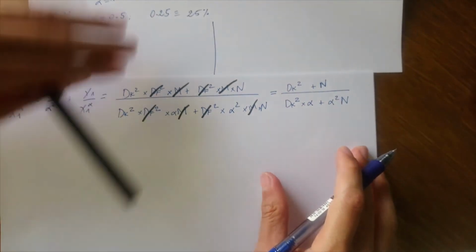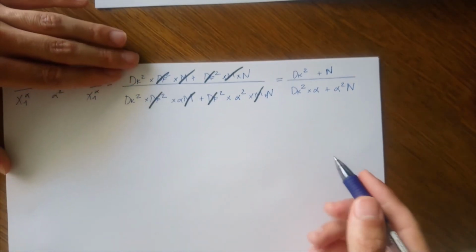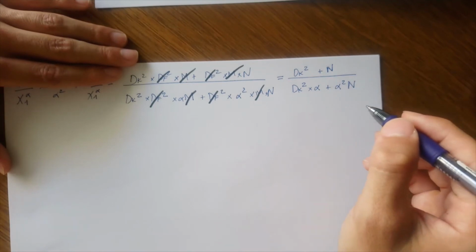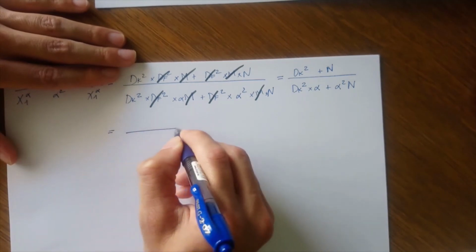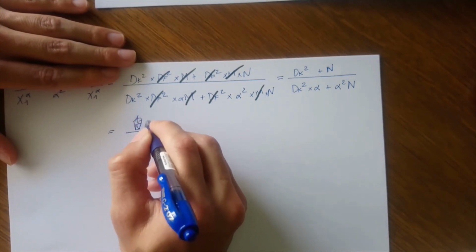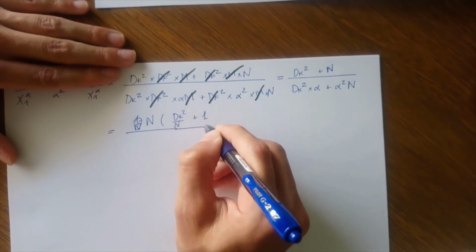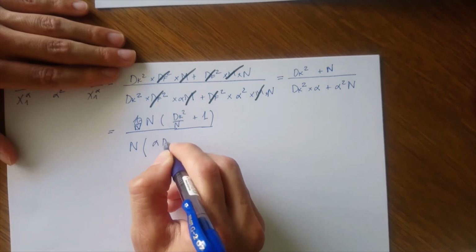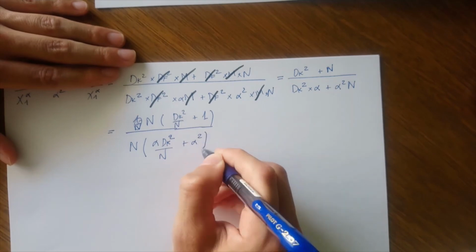The next thing I want to do is simplify this to get an approximation, so we need some assumptions. But first let me factorize by n. If I factorize by n, I get the following: dk squared divided by n plus 1, and n should be multiplied by alpha dk squared divided by n plus alpha squared, right?